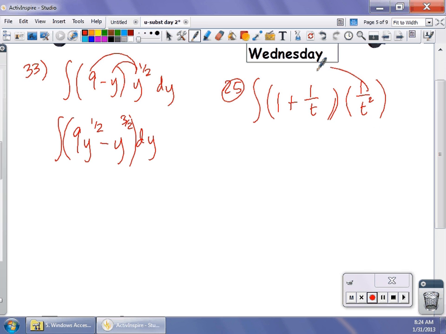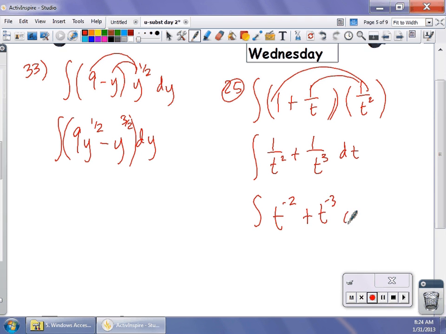Again, same thing. Distribute, distribute, and you get the integration of 1 over t squared plus 1 over t cubed dt, which is the same thing as t to the negative 2 plus t to the negative 3 dt. So you're going to use a normal integration strategy. You're not going to need u substitution on this problem at all. So let's do a problem that actually requires u substitution.